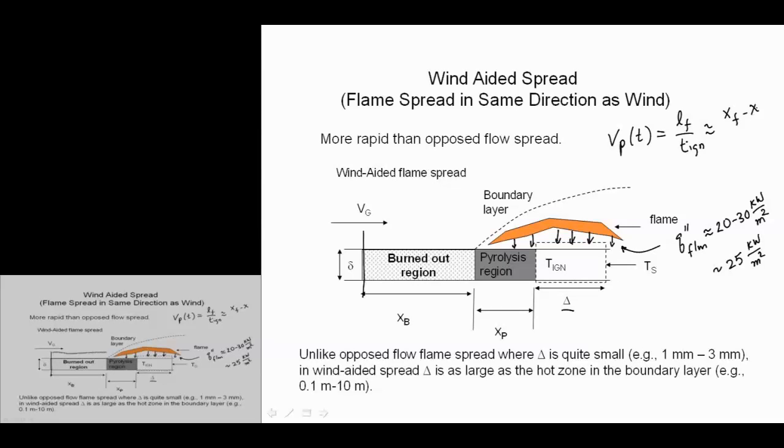I'm going to look at it as a pyrolysis length, from an actual origin, divided by this ignition time. Now, this becomes a differential equation because, as I mentioned earlier, the way we talk about the flame spread rate is the change of the pyrolysis length with respect to time, and we see that that's functionally dependent on the pyrolysis rate. So we see that we have to solve a differential equation to figure out how this evolves.